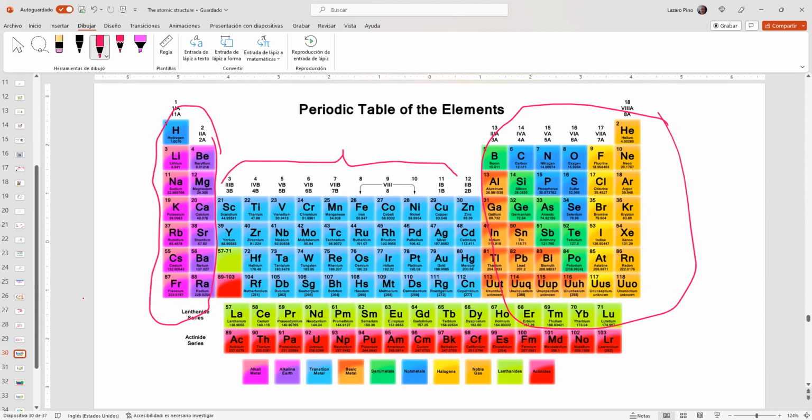And here below, we can find the inner transition elements that are divided into lanthanides and actinides that are perpendicular to the surface of the slide that you are looking at here in my representation.